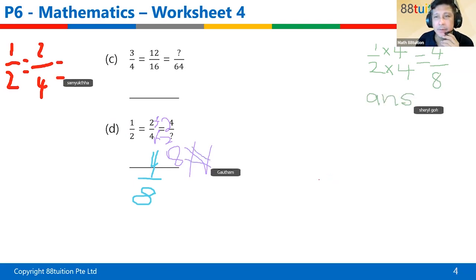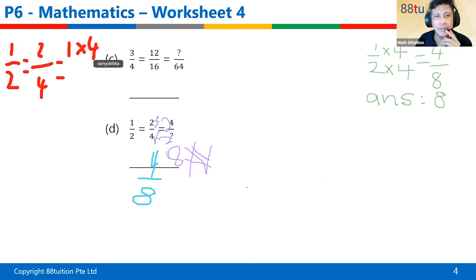Okay, 2 of them have finished. 3 of them have finished. Okay, we're waiting for Samilta's answer because that one has method.